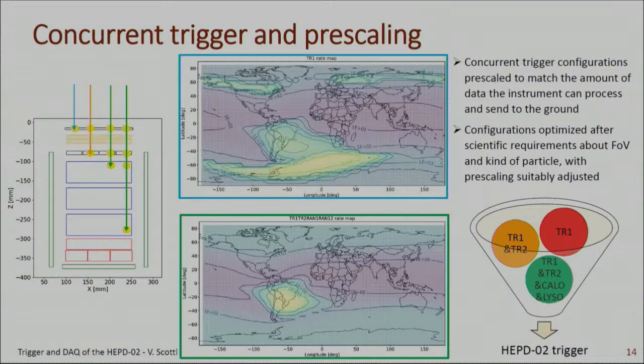Each trigger configuration is prescaled to match the amount of data that the instrument can process. And of course, these configurations are optimized after scientific requirements about the field of view and also the kind of particle hitting the instrument.